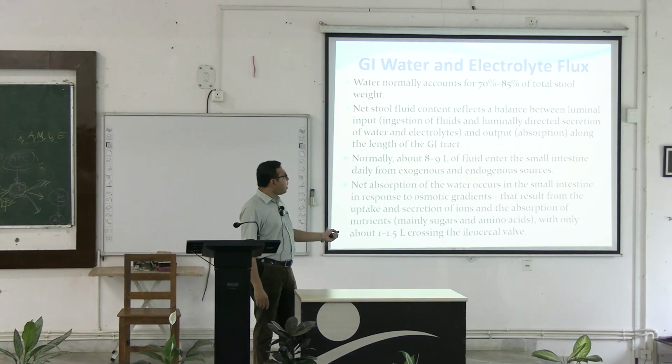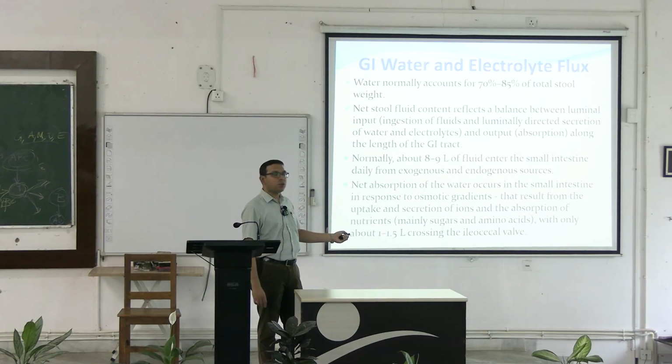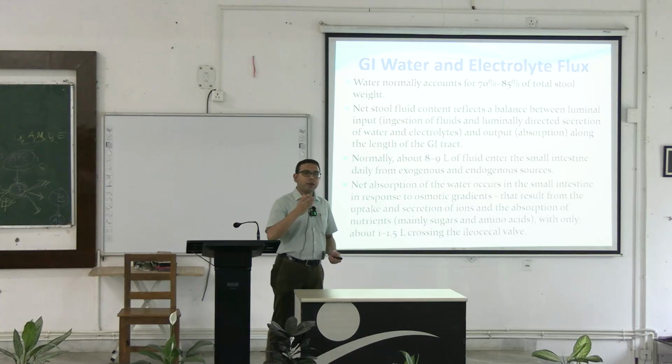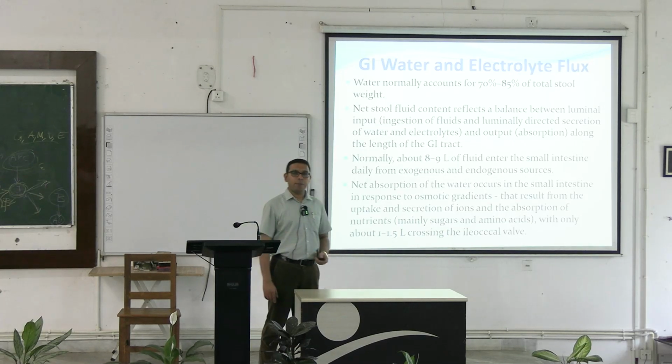Normally about 8 to 9 liters of fluid enters the small intestine daily from exogenous and endogenous sources. Net absorption of water occurs in the small intestine in response to osmotic gradients. So there are some gradients present in the small intestinal wall. The result is uptake and secretion of ions, with only about 1 to 1.5 liters crossing the ileocecal valve.